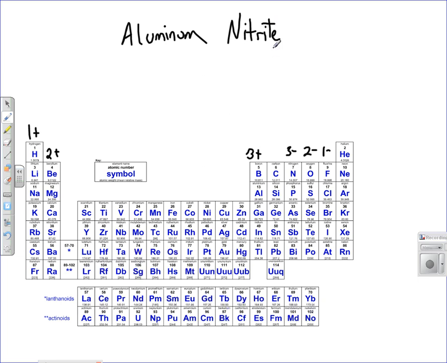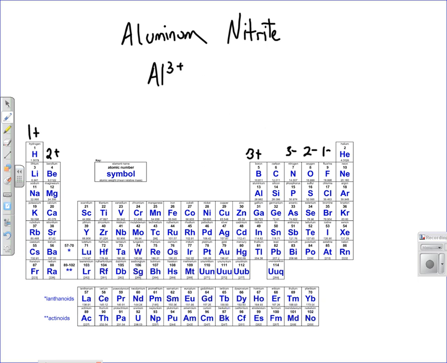It has this -ite ending, nitrite, which tells us that it's polyatomic because it's not -ide, and very few polyatomic ions have an -ide ending. I'm going to look up aluminum off the periodic table, and I'd find aluminum is part of the group that has a +3 charge.